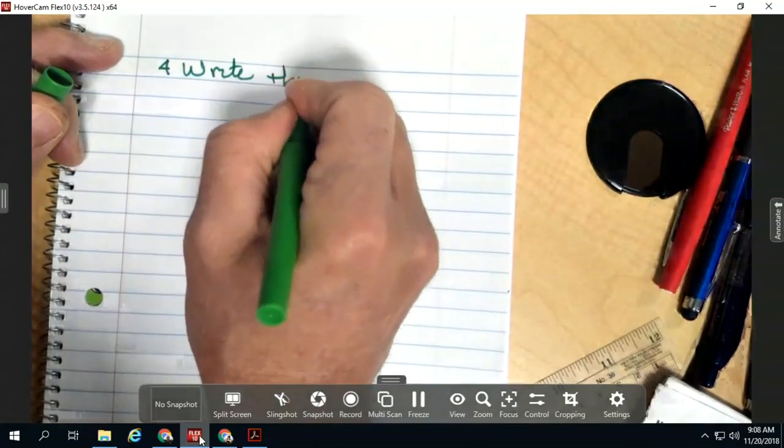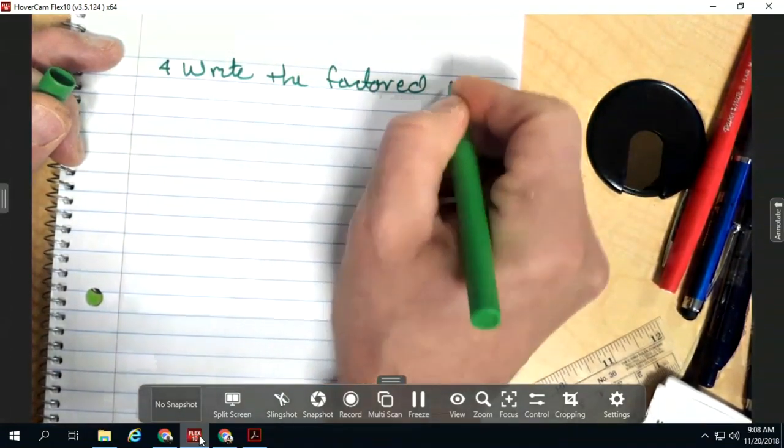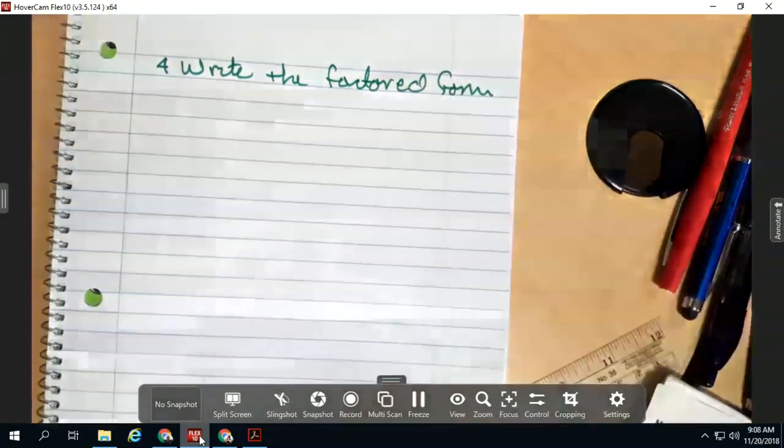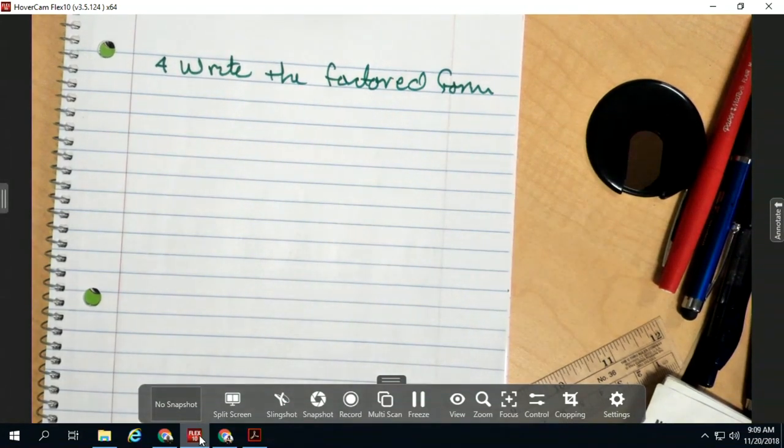So, step 4. Write the factored form. I forgot, what did they want us to call this? F of x? It's kind of boring. So we are on number A there, where it says find a formula for the polynomial function f with all the roots at these t values.